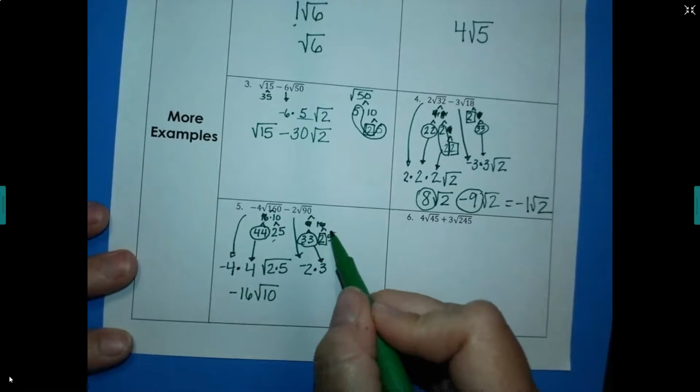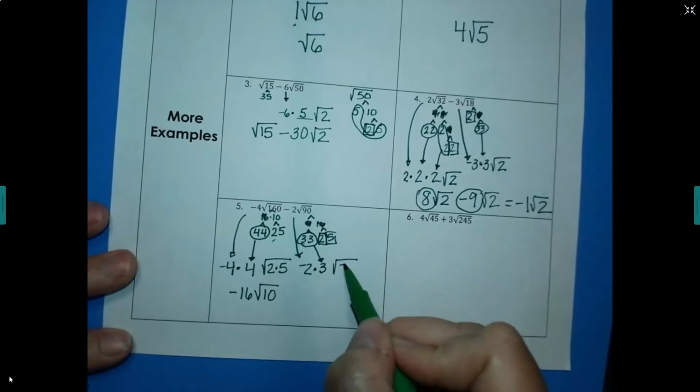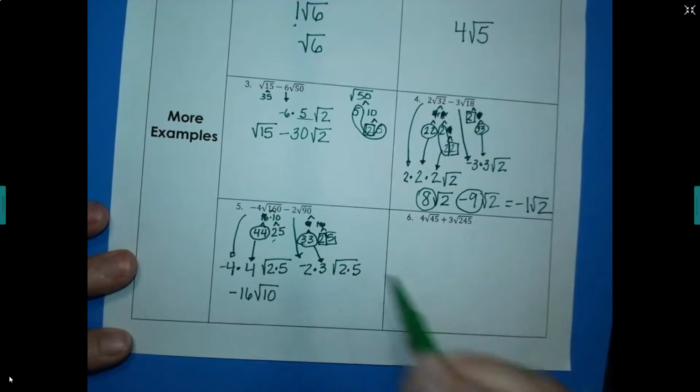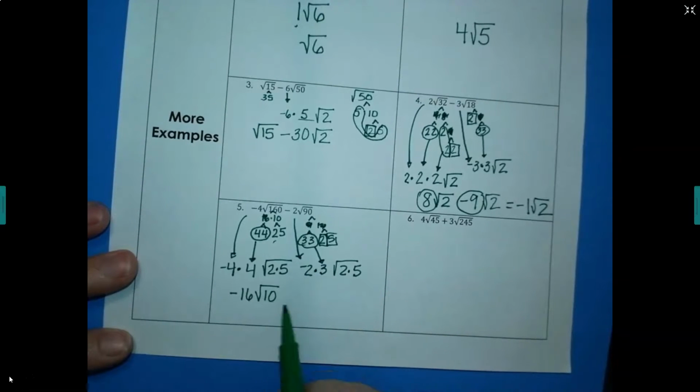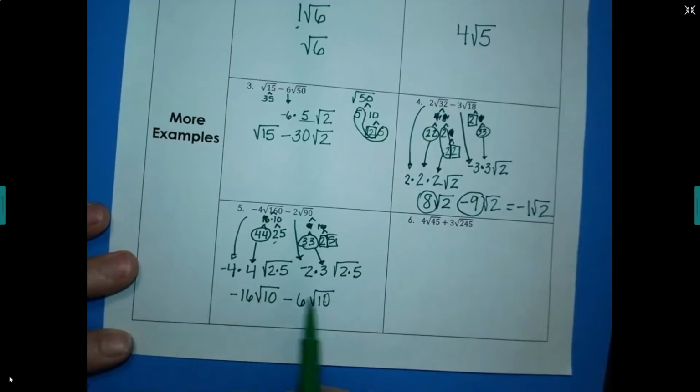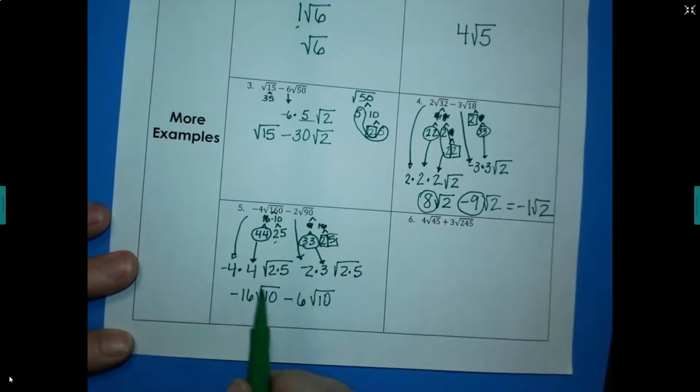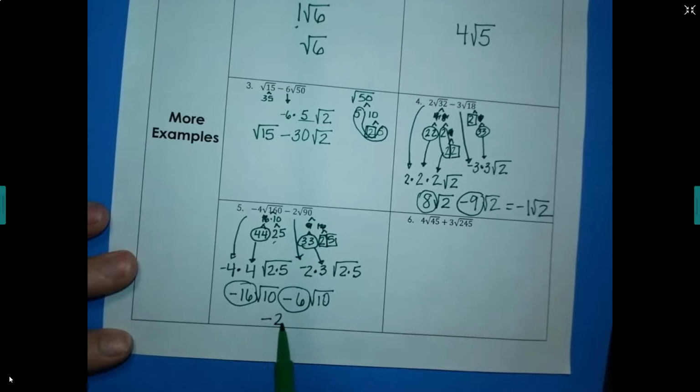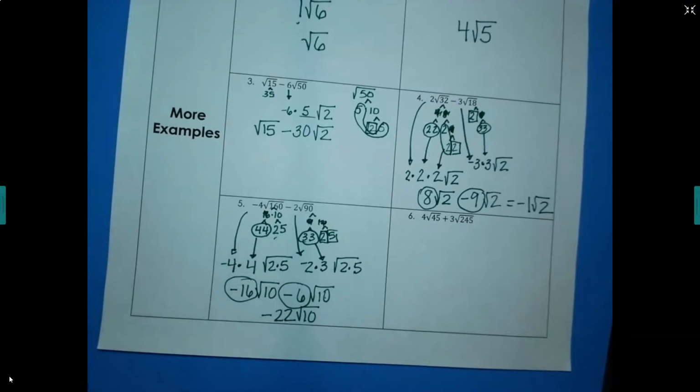Both of these guys are alone, so they go back inside to be remultiplied back together. So I have -2 times 3, which is -6. 2 times 5 is 10. Their radicands are the same. So I have -16 minus 6, which is -22. Keep the radicand root 10.